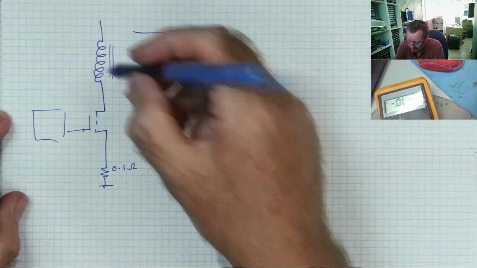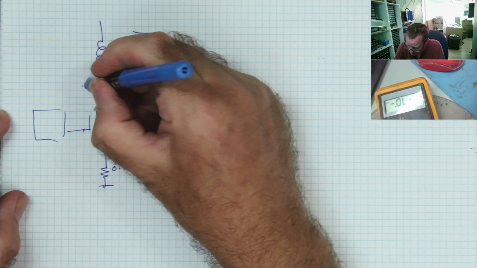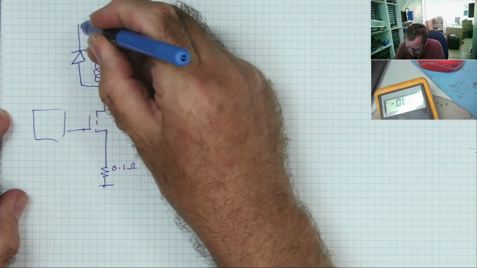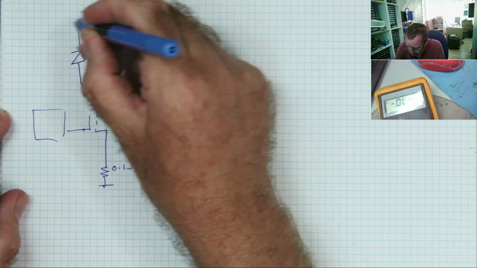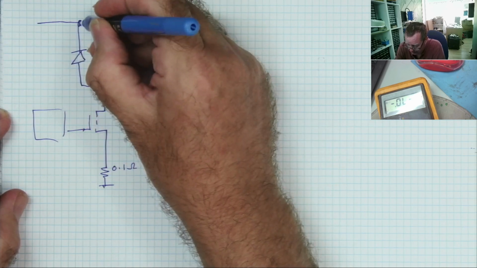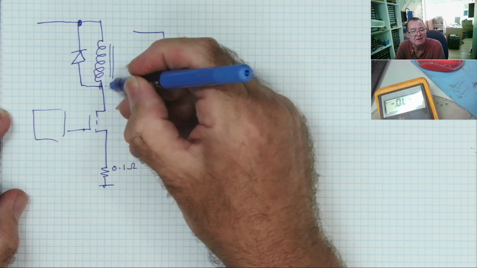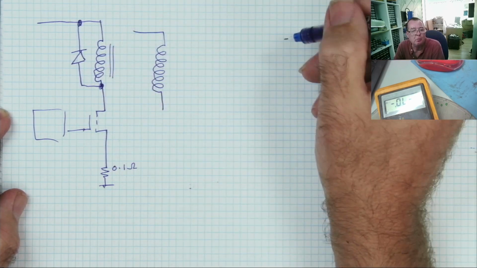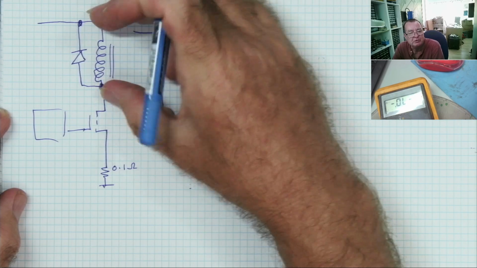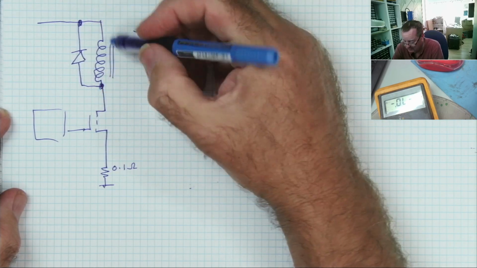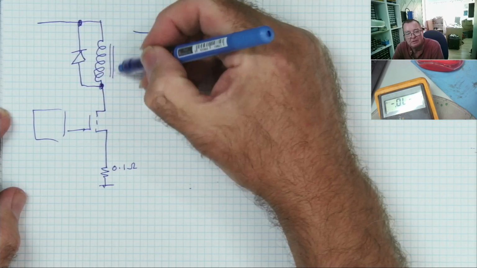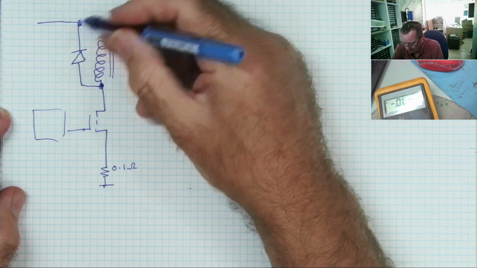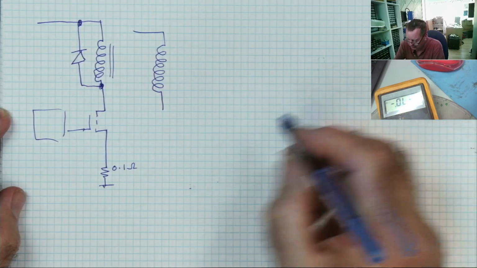Okay, and across here, as I've mentioned before, you will see this diode to stop what's called back EMF, which is the high voltage generated here when this MOSFET switches off. That diode will look like it is short in circuit. The reason being because this coil is a very low resistance across the diode. So watch out for that type of scenario.